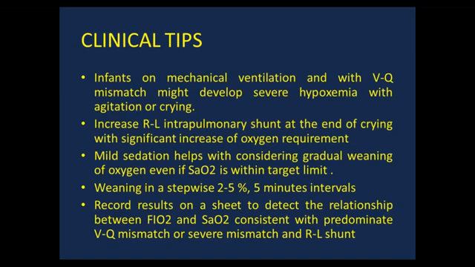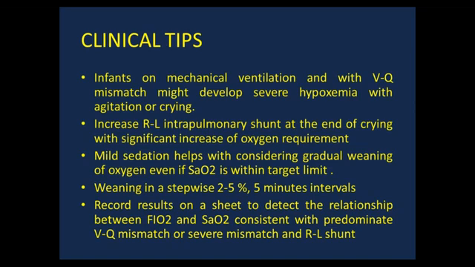So once he settles down, you can wean his oxygen back even if he stayed within the target limit, because remember that the right to left shunt increased significantly, and with the right to left shunt you may increase the oxygen without any improvement in saturation. At the same time, you can wean back the oxygen without a significant change in the saturation.